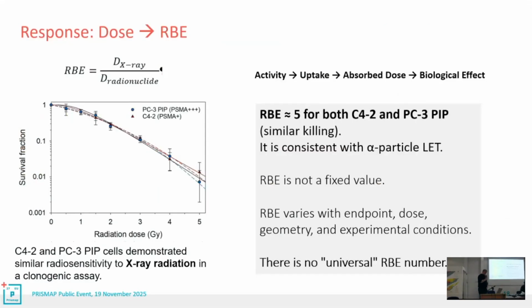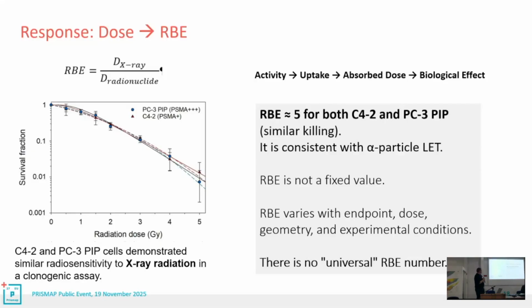With this dose to RBE, you have the activity, the uptake, the absorbed dose, and the biological effect. We have the RBE for the C4-2B, where they've looked at two different cell lines, and it's similar, consistent with alpha particle linear energy transfer.